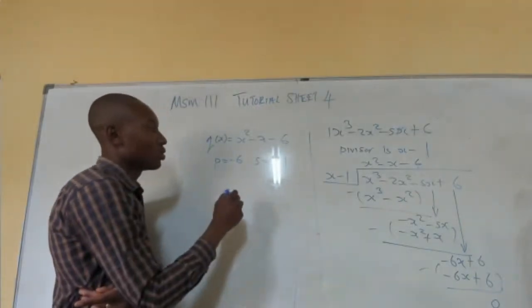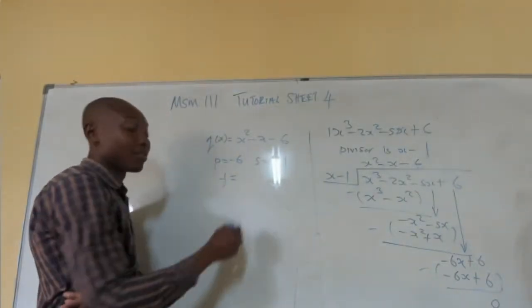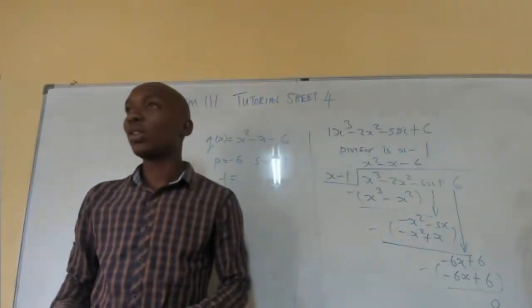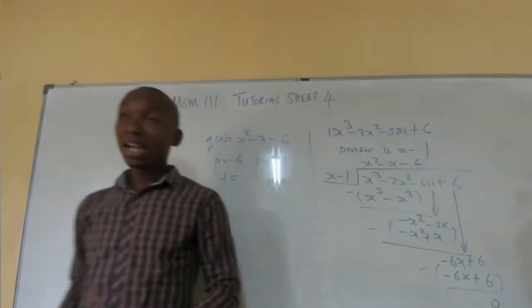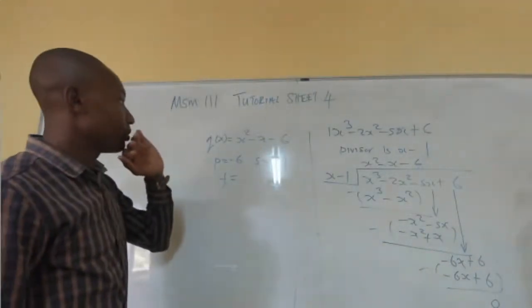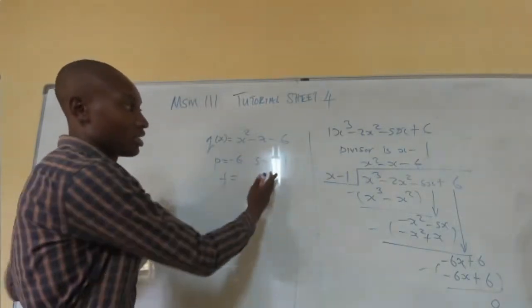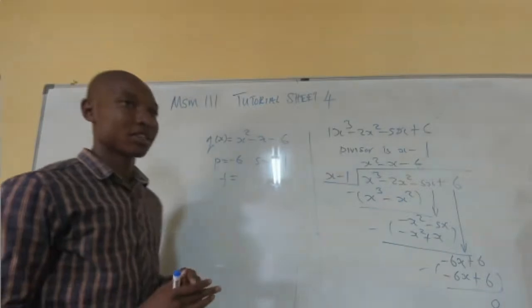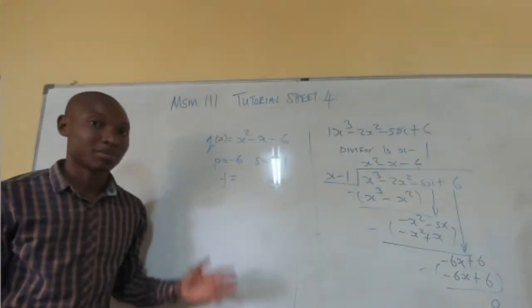Now we want to know what the factors are, but factors of what? Are we looking for the factors of the sum, or the factors of the product? We're looking for the factors of the product.